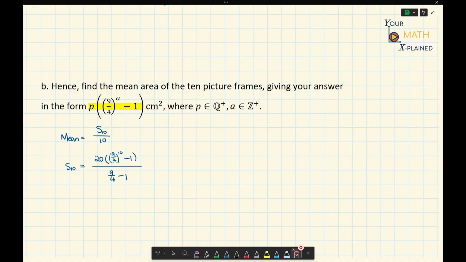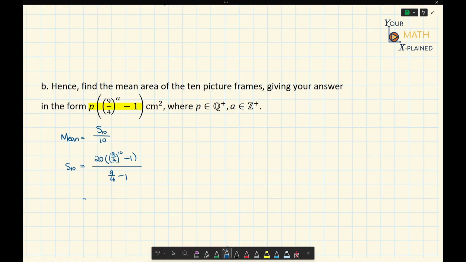And then here we can be a little bit smarter. We don't want to do any unnecessary work. So the form that we want is p times 9/4 to the power of a minus 1. So notice that here we already have 9/4 to the power of 10 minus 1, which tells us that we kind of want to just leave that as it is. We don't want to expand it out. But we do want to simplify this portion of the expression.